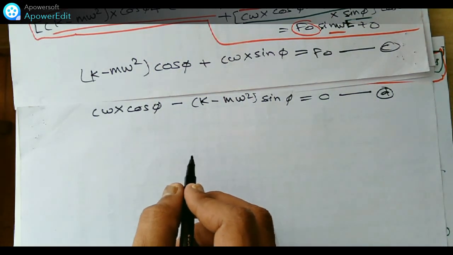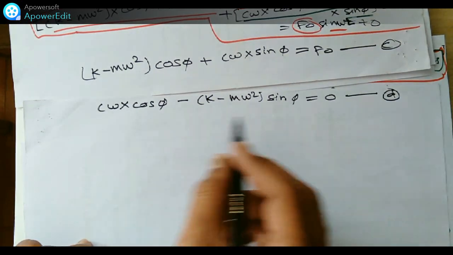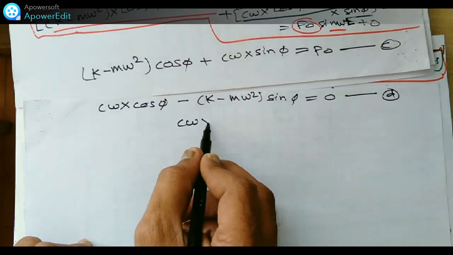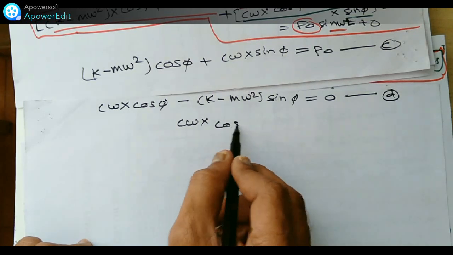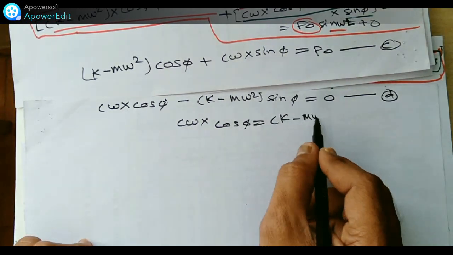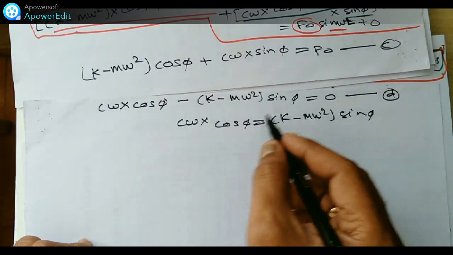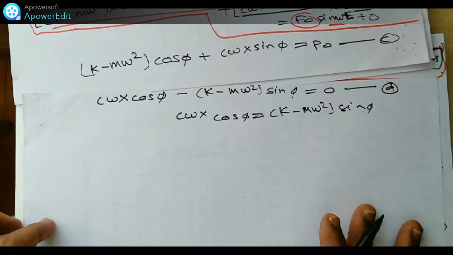we can write the above equation D also like this: c omega x cos of phi is equal to k minus m omega square into sin of phi. This equation we have written one more time.